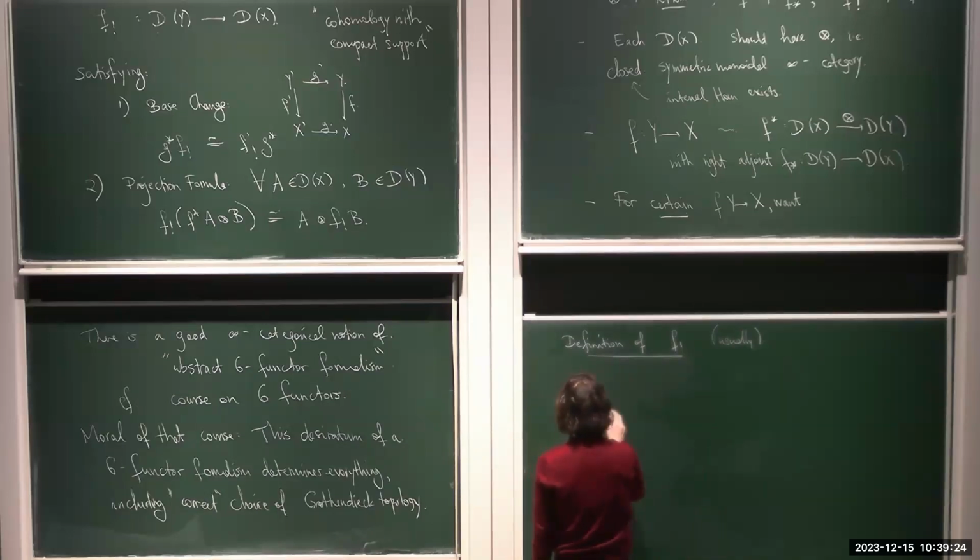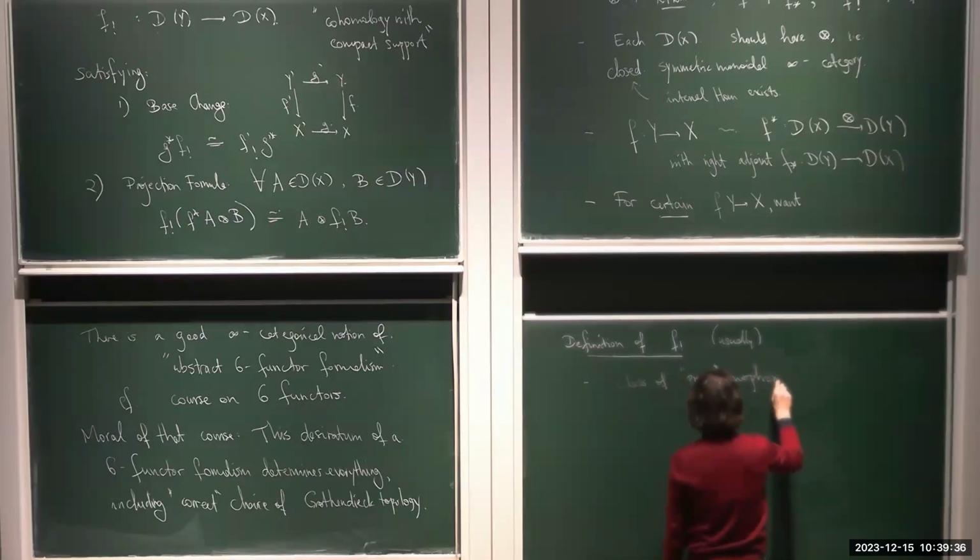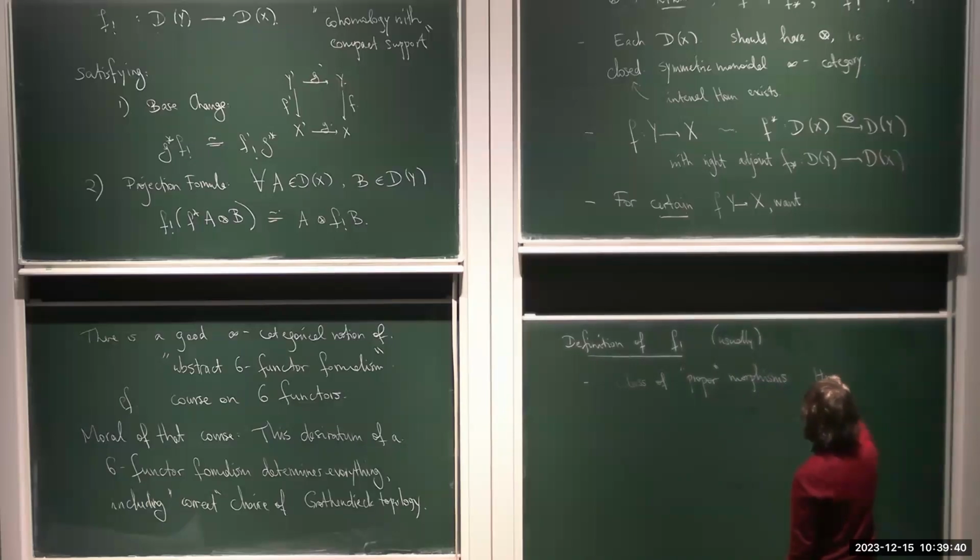So we do this by specifying two collections of morphisms. So there's a class of proper morphisms. And here, f lower shriek will actually be just f lower star.